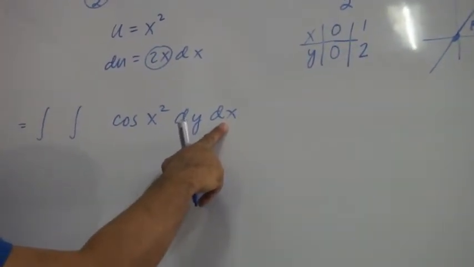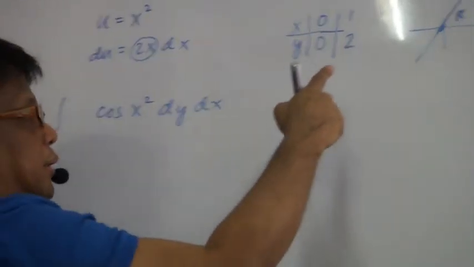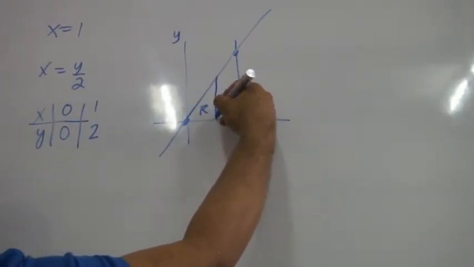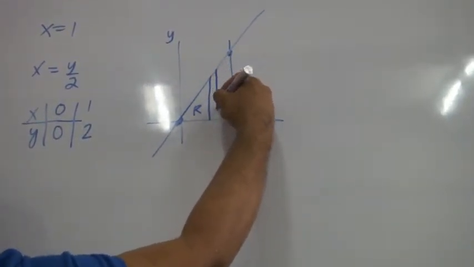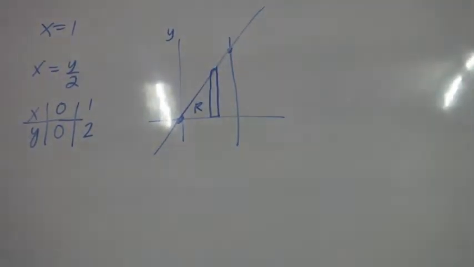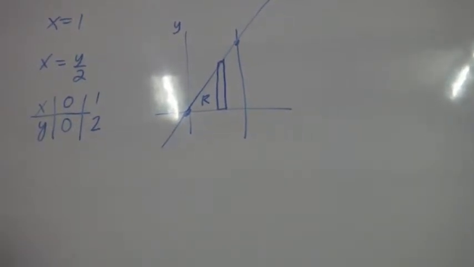And let us now define the limits of integration for this reverse order of integration, having now the variable x as the outer integration. So we make use of the stripping, which is a vertical stripping. Okay? And from here, let us identify now the limits for variable of integration x.